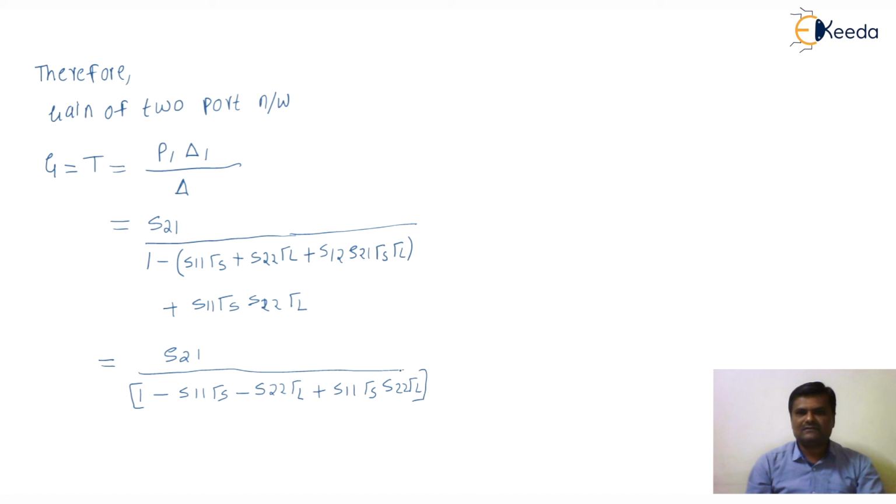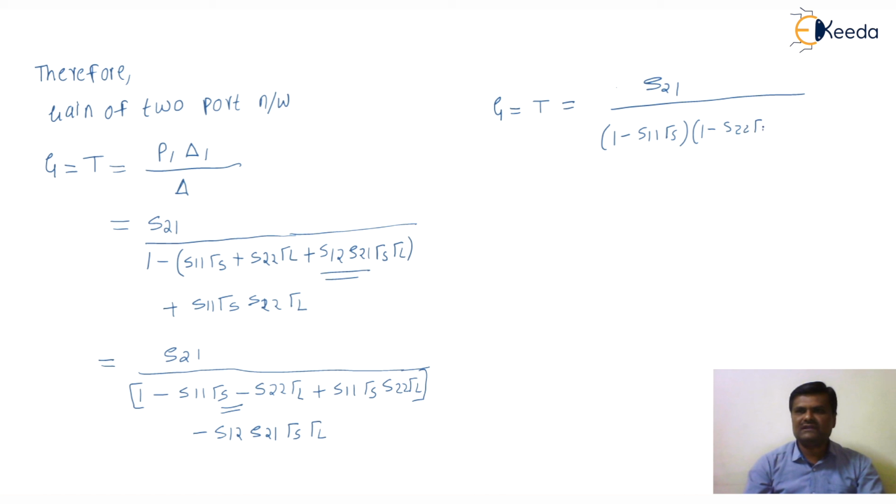So the remaining part, this plus goes outside the bracket and becomes a minus S12 S21 gamma S and gamma L. Therefore, G or T equal to S21 by this total equation, represented as 1 minus S11 gamma S multiplied by 1 minus S22 gamma L, then minus S12 S21 gamma S gamma L. So this is the gain of the two-port network. Thank you.